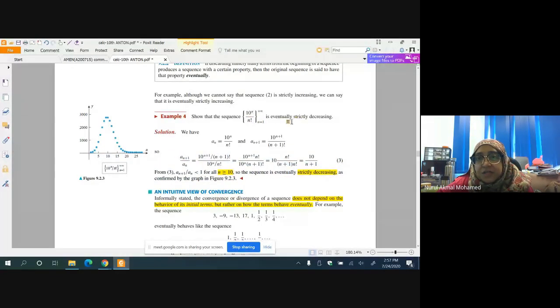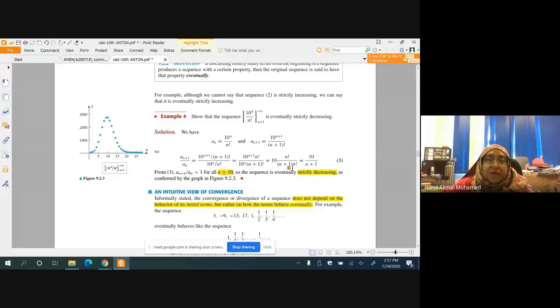So this is by using the ratio test. It's not mentioned here which test we should use, but somehow in this solution they use the ratio test. So a_(n+1) divided by a_n, you simplify it, and you get 10 divided by n plus 1.